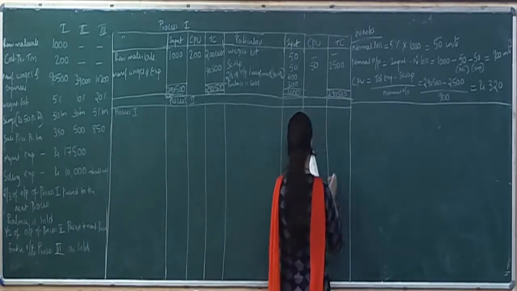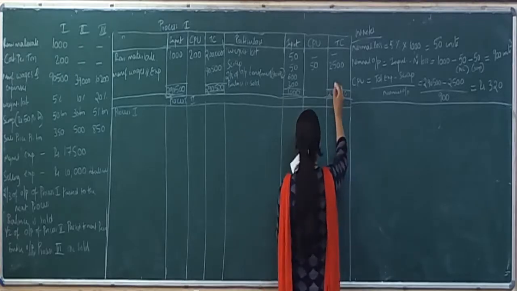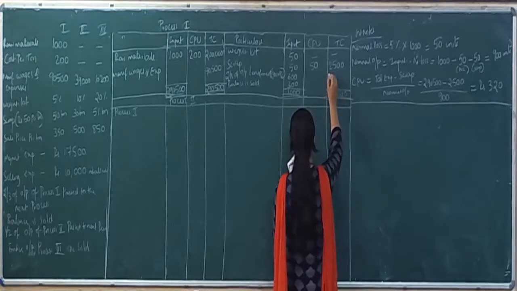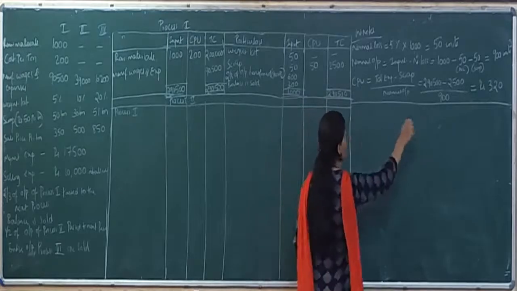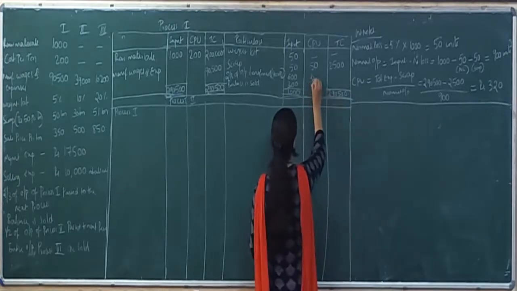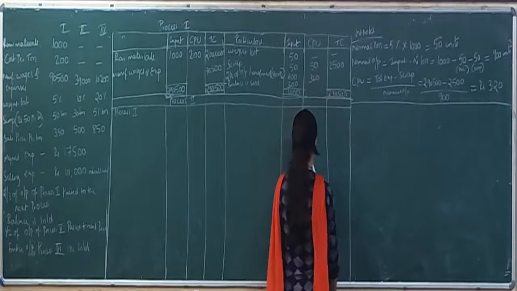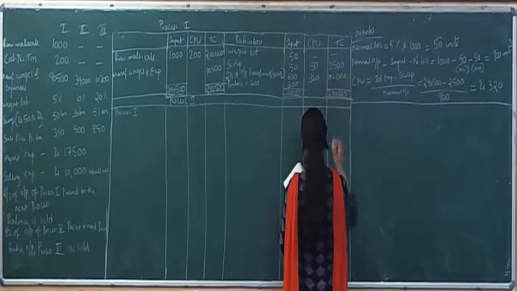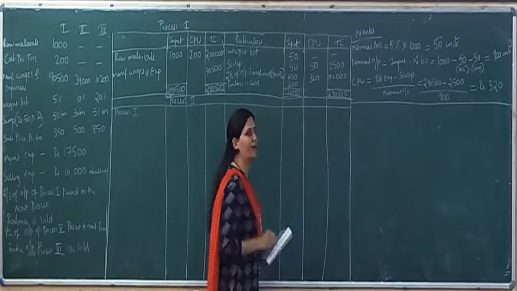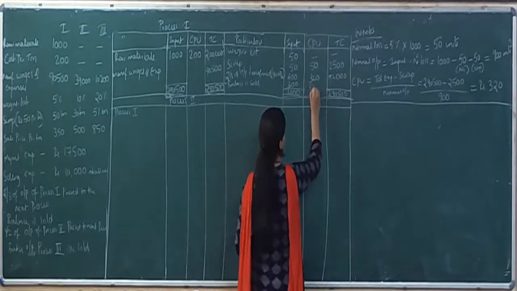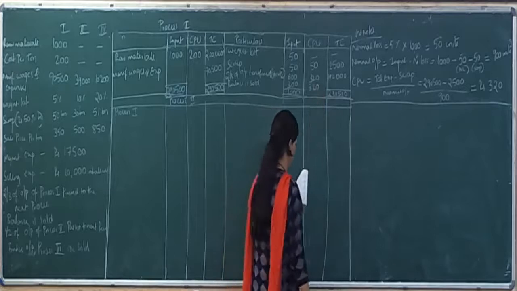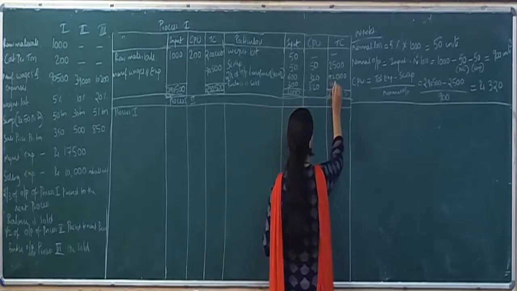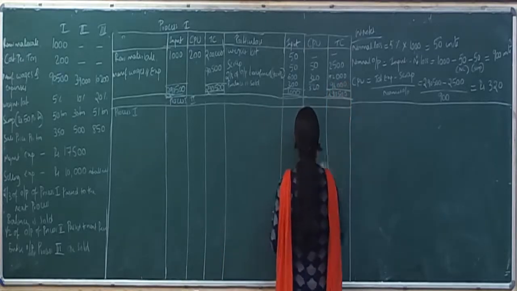So now here we will write the difference. Cost per unit is 320. 600 into 320 comes to 1,92,000. Again the CPU is 320. Here it comes to 96,000.